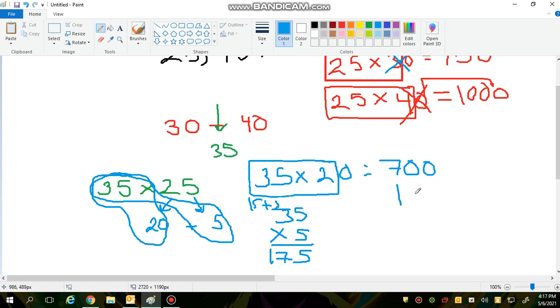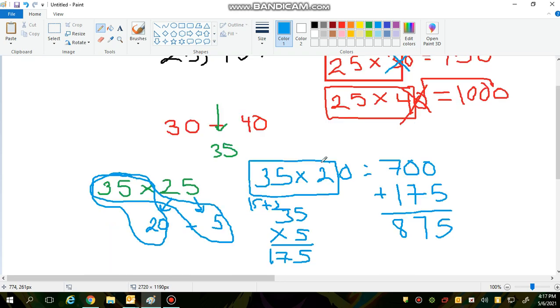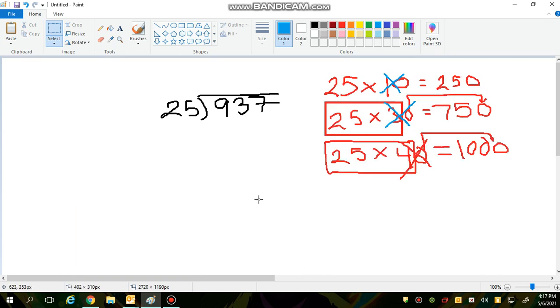So I'm going to put that 175 over here, and now I'm going to add them up. 700 plus 175 is 875. Not bad, right? Pretty close, but I don't know if 35 is good enough. Let's try 36. 36 might work as well. So let me erase all of this. 35 looks good, but let's try 36.